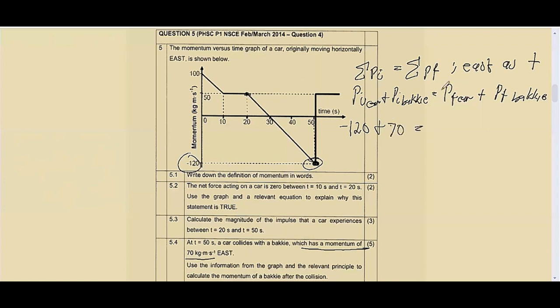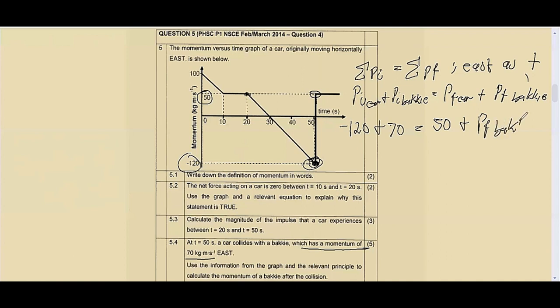Then what is the final momentum for the car? We can see that here the car collides with the buggy, and now it returns back to a momentum of 50 kg meters per second. So this here indicates a collision. Then we have 50 plus the final momentum for the buggy.